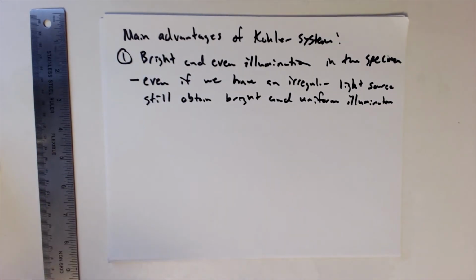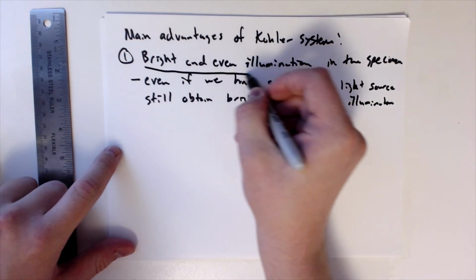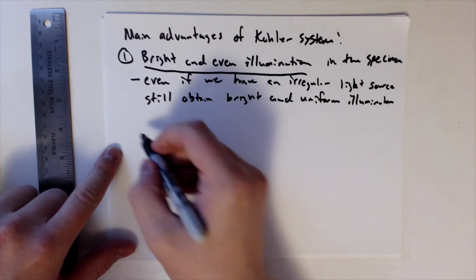So it allows us to have less dependence on the light source itself. All right, so basically this is going to be a huge component of why we use this system.